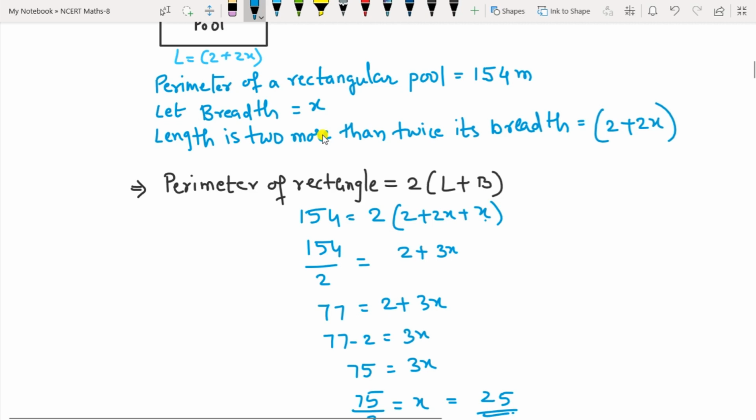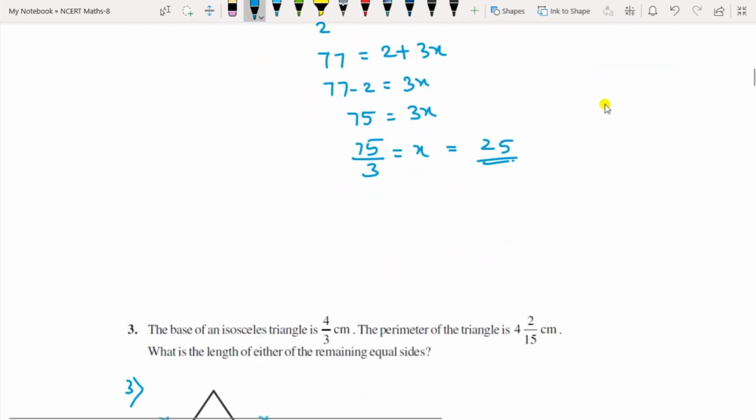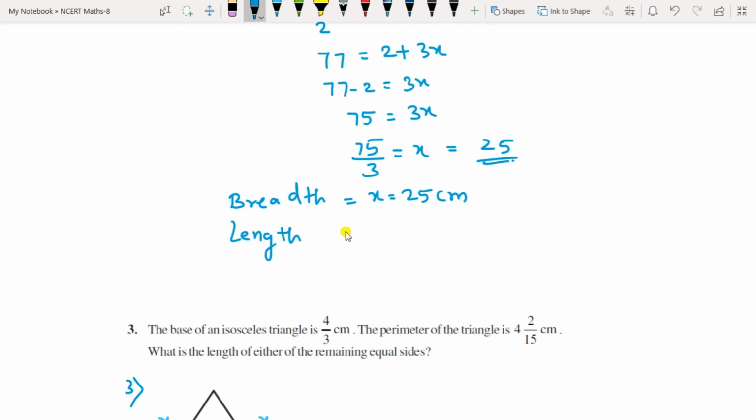Now what was x here? We took x as the breadth. So breadth equals x equals 25 meters, and substitute for length in this equation. Length equals 2 plus 2x, that gives 2 plus 2 bracket 25.